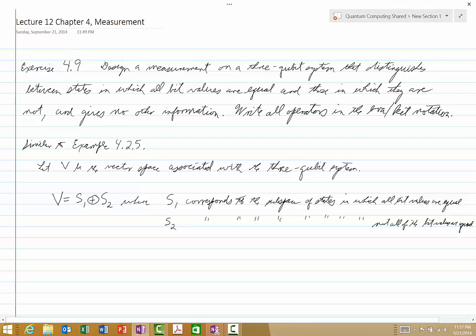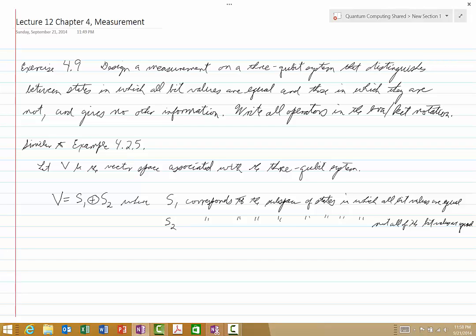Now, before I proceed, I want to make sure that it is clear that in problems like this, we won't always be writing V simply as the direct sum of just two subspaces. As an example, in exercise 4.12, we consider writing V as a direct sum of four subspaces. And I'll also say that exercise 4.11 is another one.